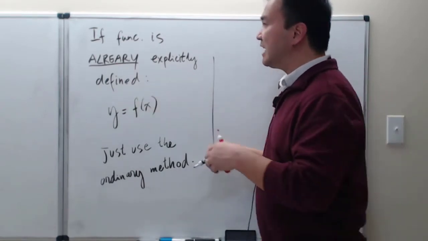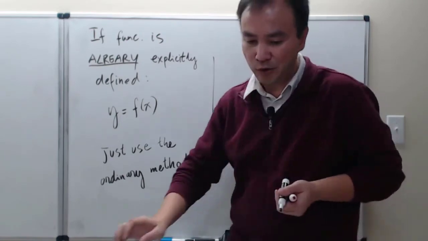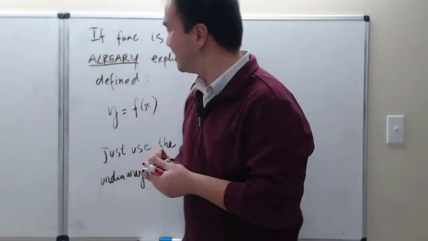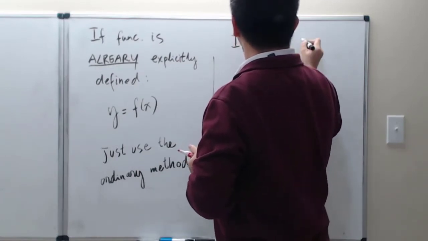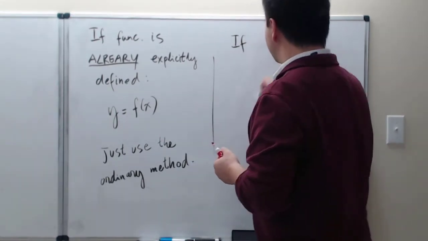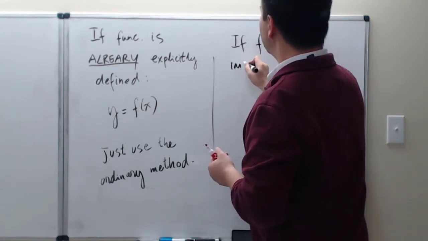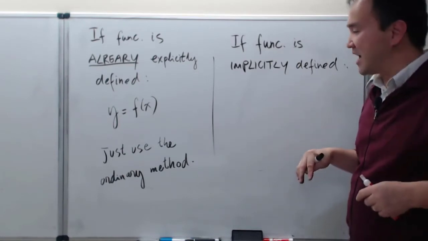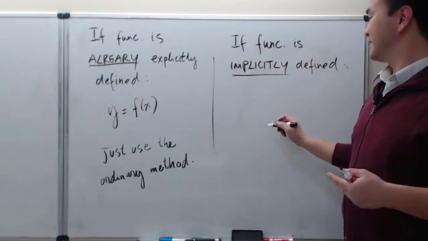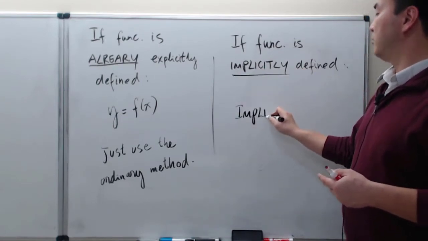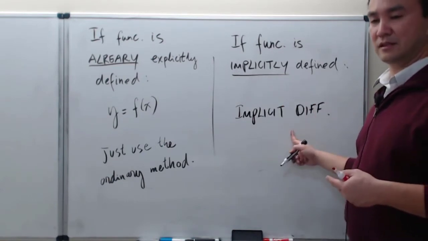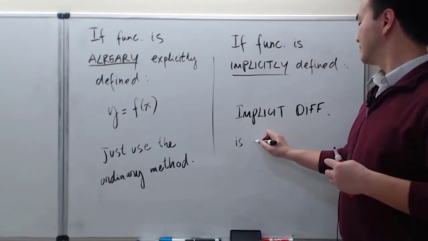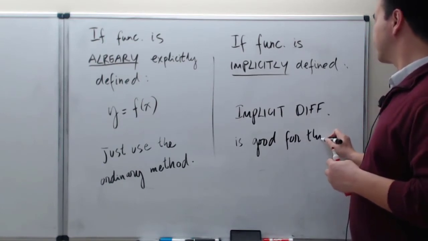Okay, then just use the ordinary methods when the function given to you is already explicitly defined. But in case your function is like the one I had in a couple of examples here, or on the other board, where the function is implicitly defined through an equation, so if the function is implicitly defined, then implicit differentiation is the method that's good for that case.